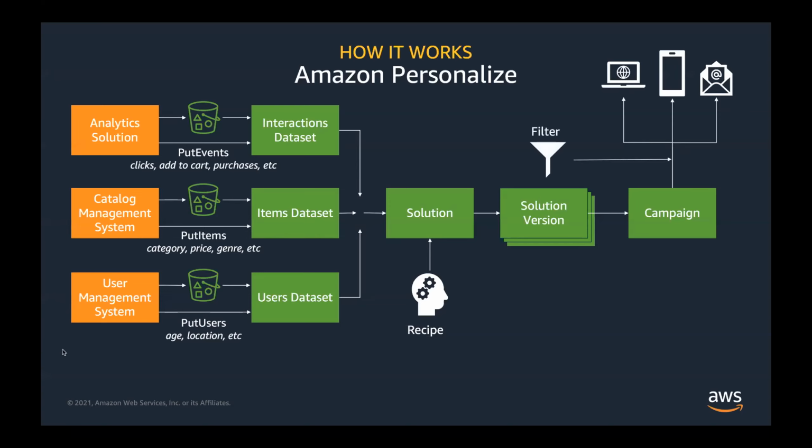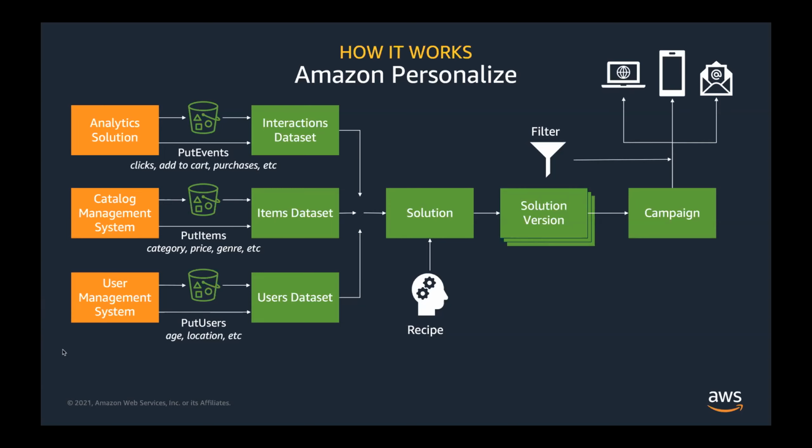So we created a feature called filters that allows you to codify your business rules in a SQL-like language that is applied to recommendations automatically, and it's conditional. You can specify a filter or not when you're pulling recommendations. I'll show some examples of how we see customers using filters in a few moments.